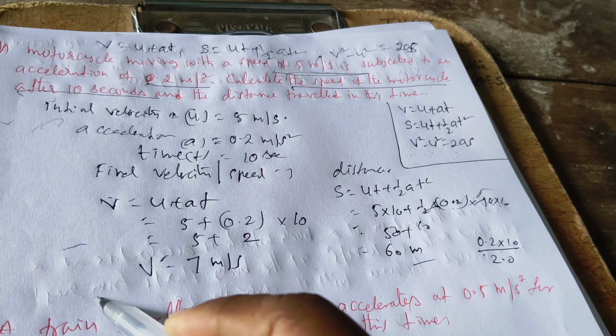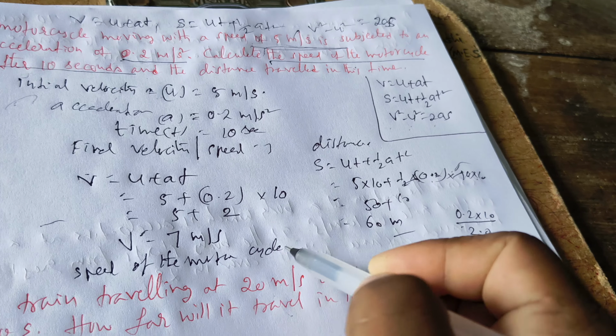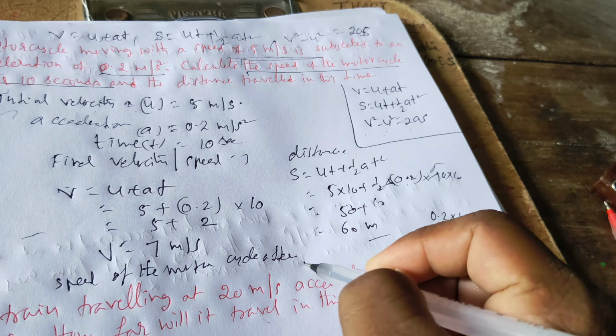So here v is equal to the speed of the motorcycle after 10 seconds. Then we need to calculate one more thing, the distance traveled.